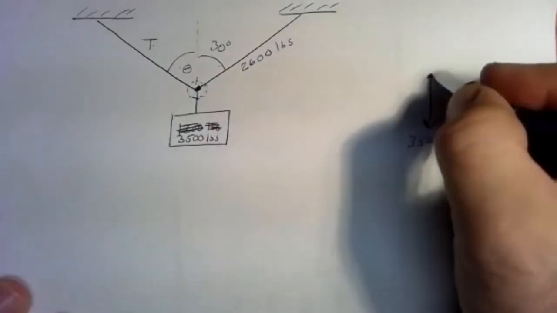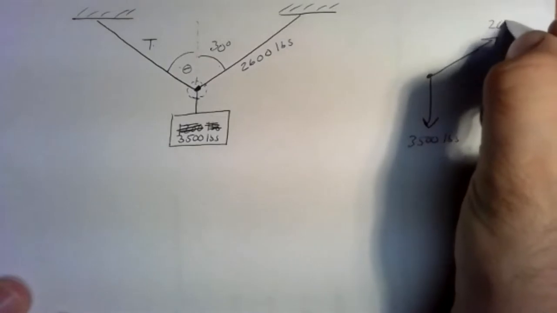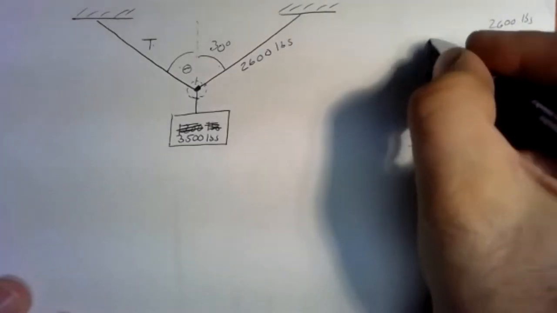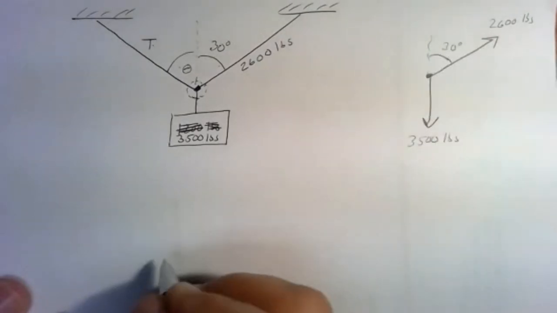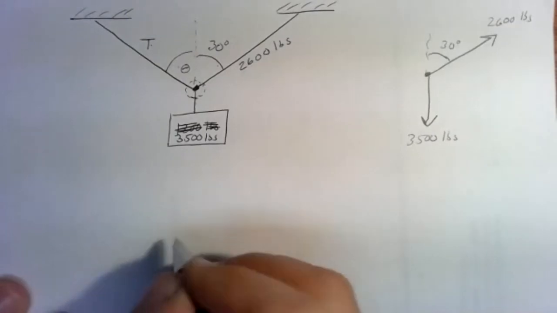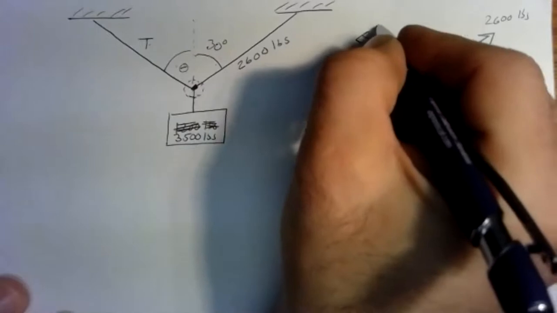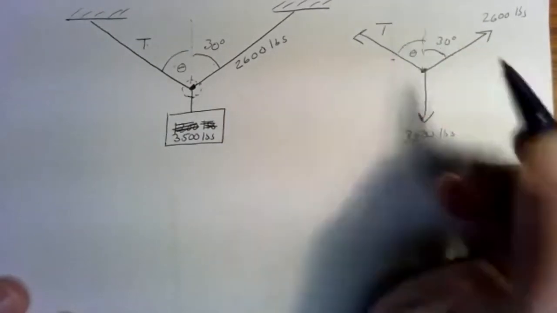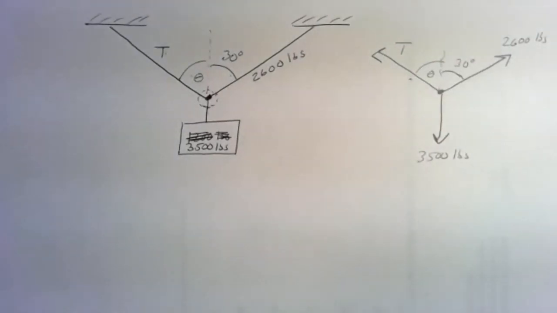Over here to the right, I've got this 2,600 pound force at an angle of 30 degrees to vertical. And then I've got my unknown force, some tension and some angle. So there's our free body diagram.